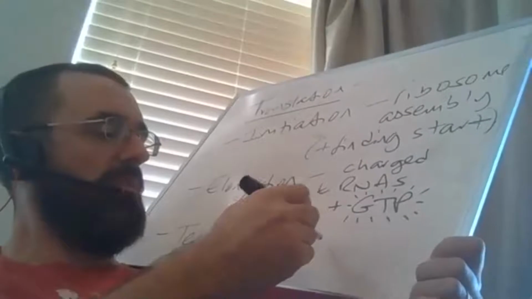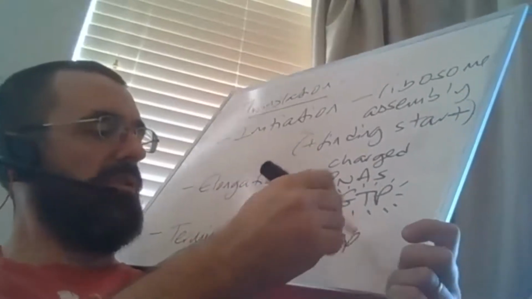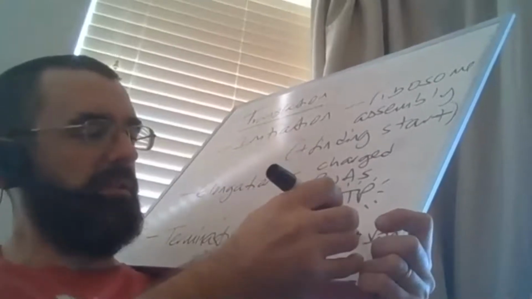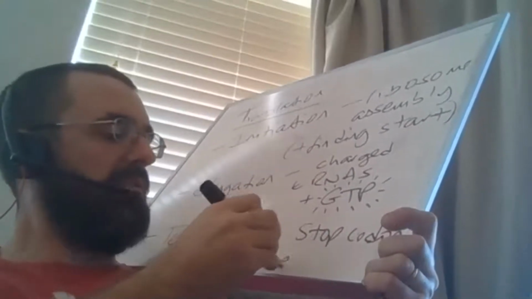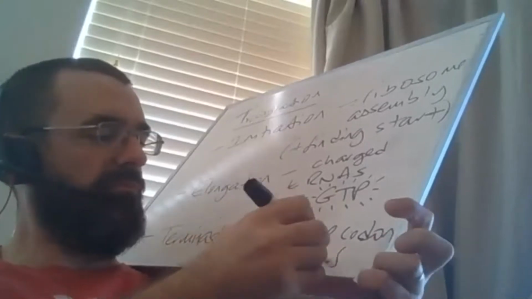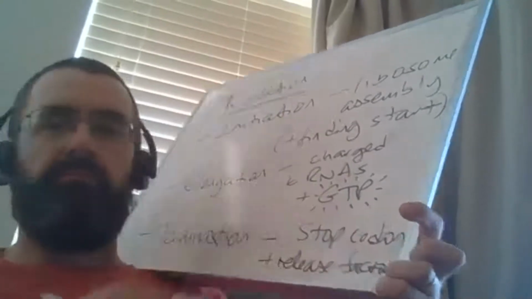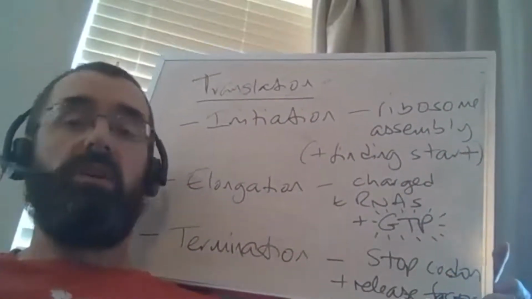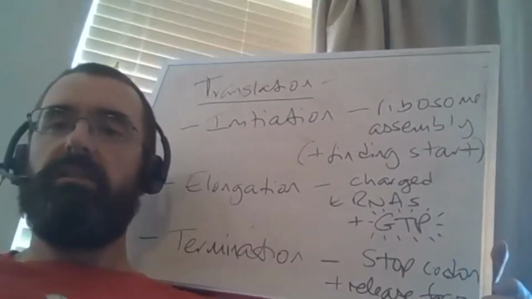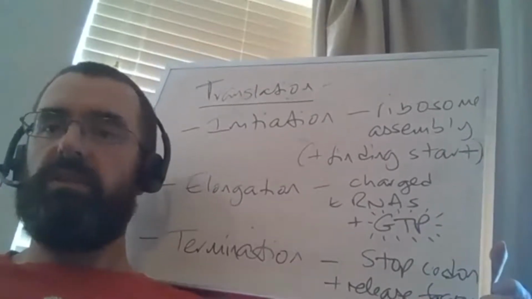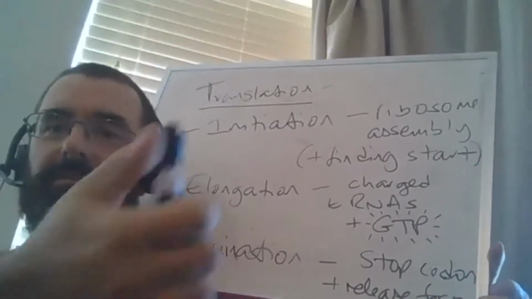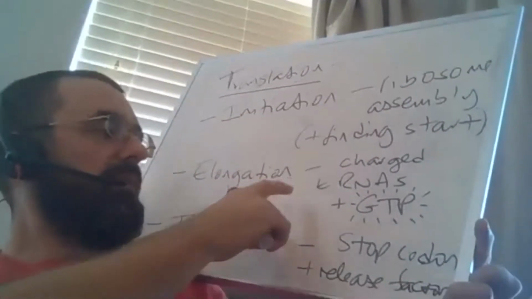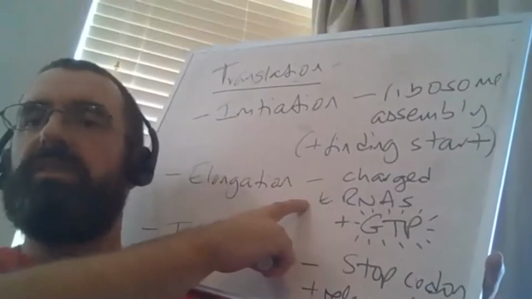And so that's all about the stop codon and the release factor. So that's basically what we'll be going over in terms of the mechanism. There is other stuff, like I mentioned before, that we'll need to cover. In particular, the translation part with the tRNAs.